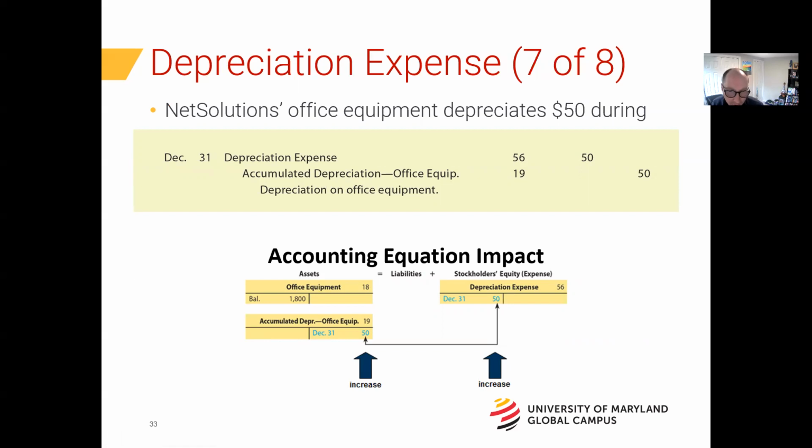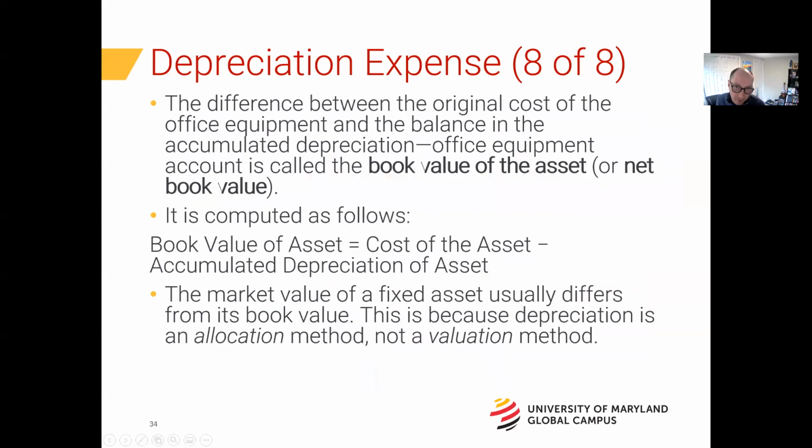At the end of the respective month or year, it's probably a year because it's only valued at $1,800, we are recognizing depreciation expense of $50. We debit depreciation expense and credit accumulated depreciation. And again, we do that until we recognize the entire value of the equipment, until it reaches a value of 0.